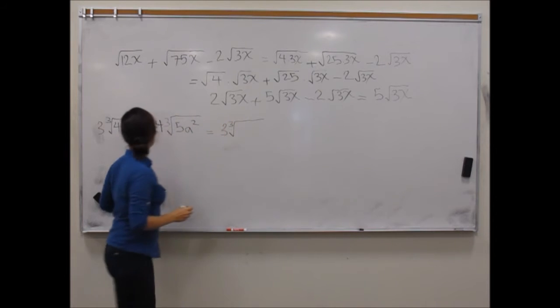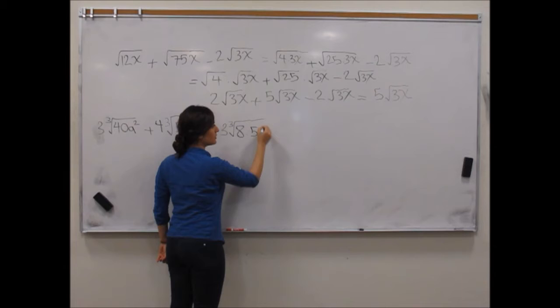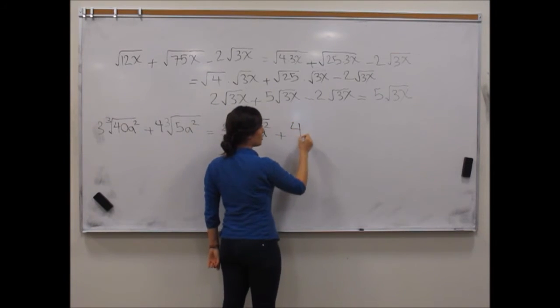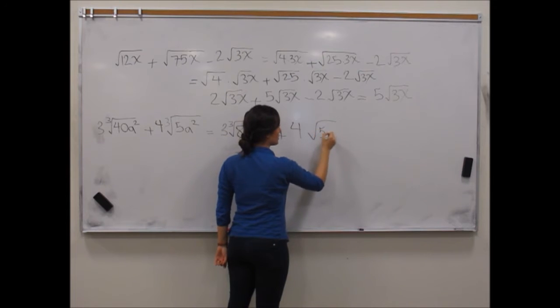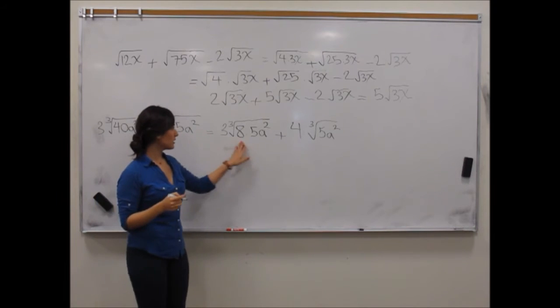So I have 3 cube root of 8 times 5a squared plus 4 times cube root of 5a squared. And then I can break this down into 2 radicals.